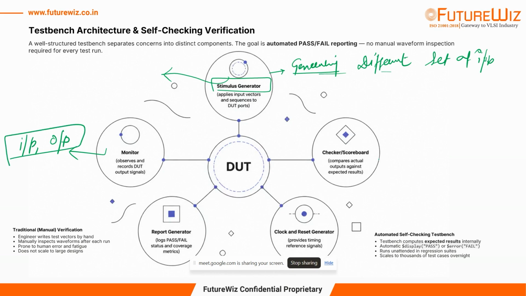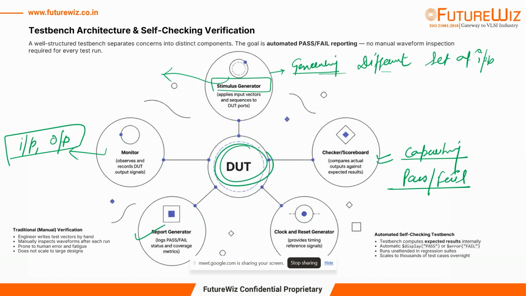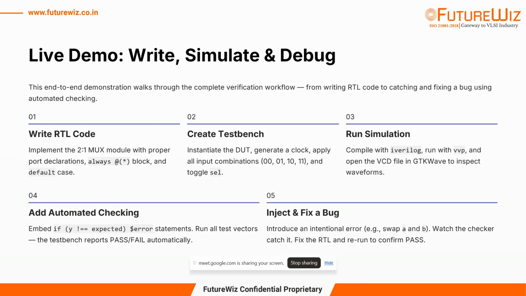Then a scoreboard checks, that is compares, whether the test case is fail or pass. Did you get the expected outcomes on the respective test cases or not? It will generate a summary of how many test cases failed and how many passed. All of this is driven to verify the hardware, which is called the design under test, right?